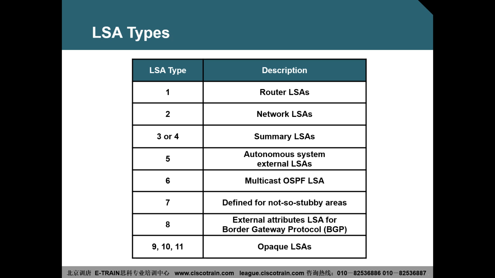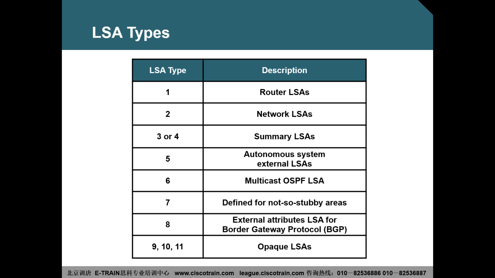When you want to carry BGP's attributes in OSPF, for those networks that you redistribute into OSPF, this LSA is used. So this is called external attribute LSA, because BGP is external to OSPF. BGP-given routes are external.